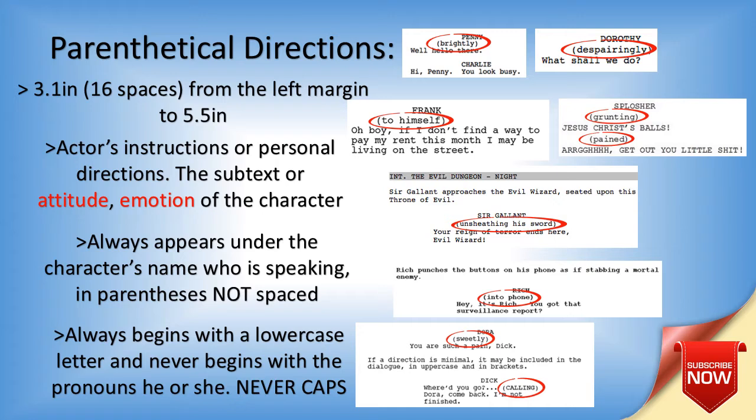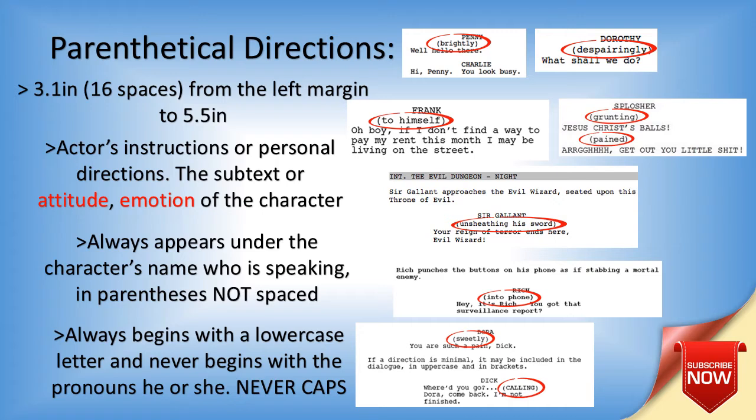Like, you don't say, oh, they pull out the gun, he points it at whoever, and then he pulls the trigger, and then... No. If you need to do that, then just go to the space where you're starting a whole new narrative description and put it in there. But if you're describing an attitude or an emotion, then you can put it in there, in parentheses, never capitalized.